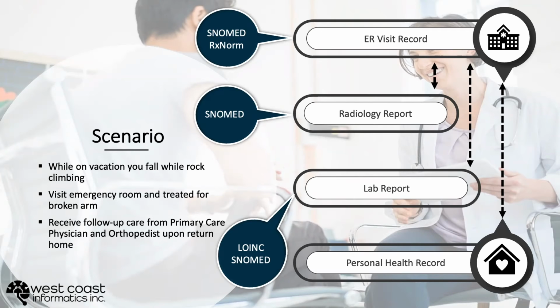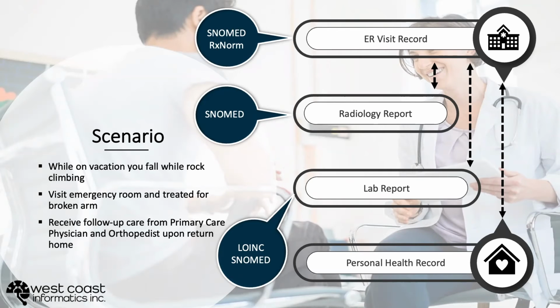The radiology report, there's going to be a few standards used there, but we'll have SNOMED for any kind of findings that come out of the radiology report. And then from a lab report standpoint, we would have LOINC and SNOMED that would be available in that lab report as well.